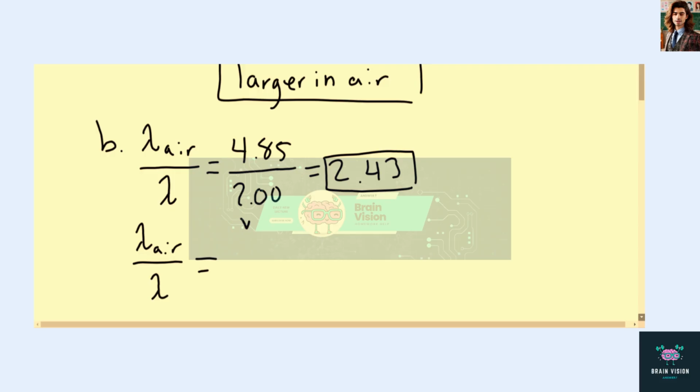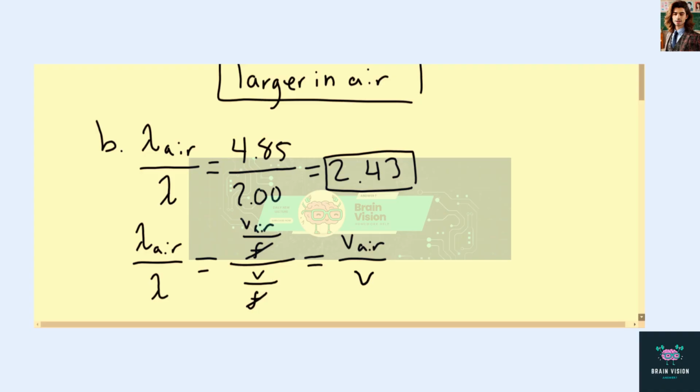So lambda air is equal to v air divided by f, and then all of that is over v divided by f. And of course, the frequency is the same for both of them, so they end up canceling. And then our ratio ends up being v air divided by v.